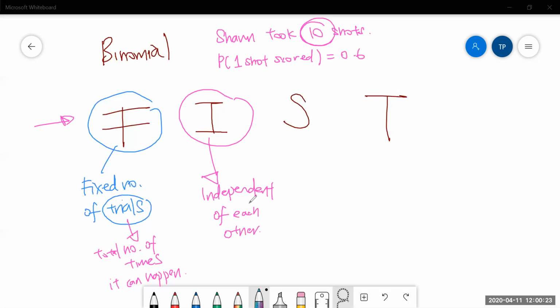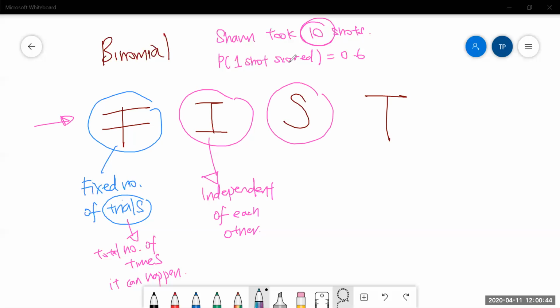Basically, we have to assume that he doesn't feel sad that he missed the last shot. He will still take this shot as if it's the first shot he's going to take. We have to assume it that way, because these are all assumptions and facts of binomial distribution.